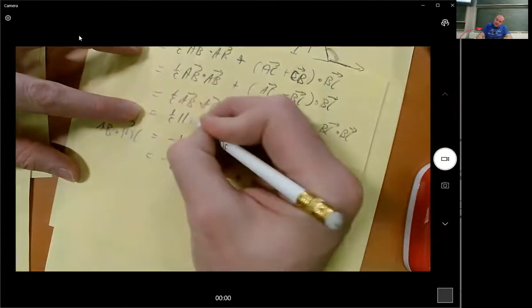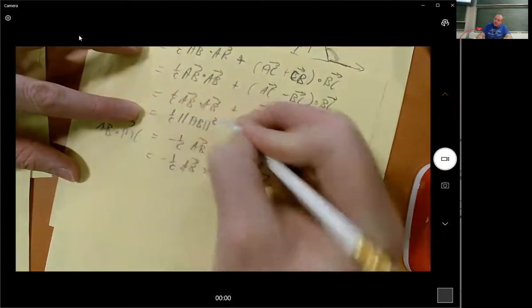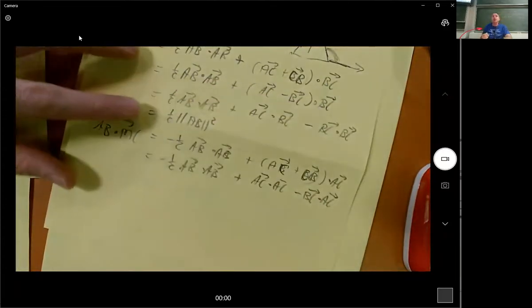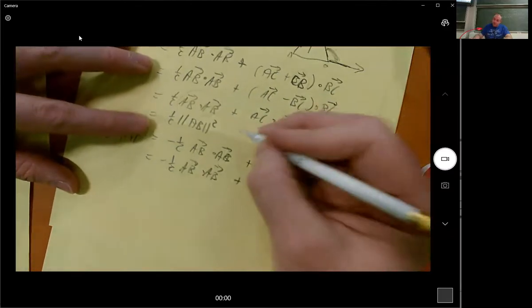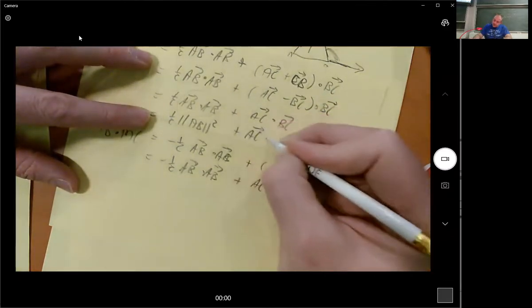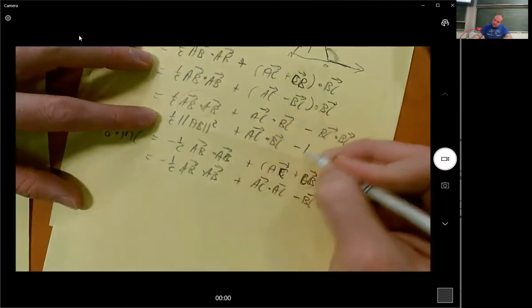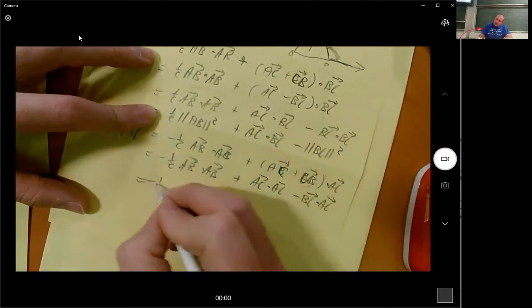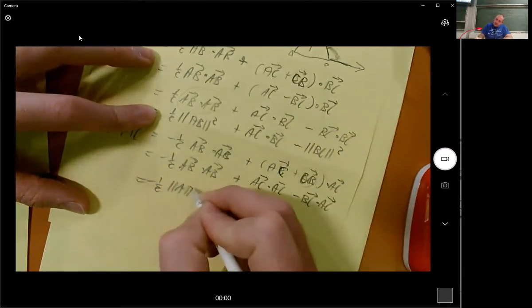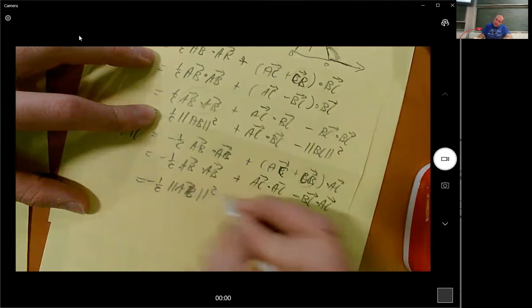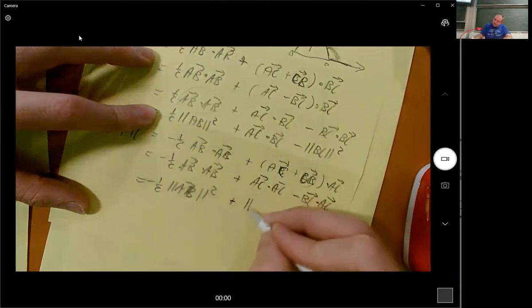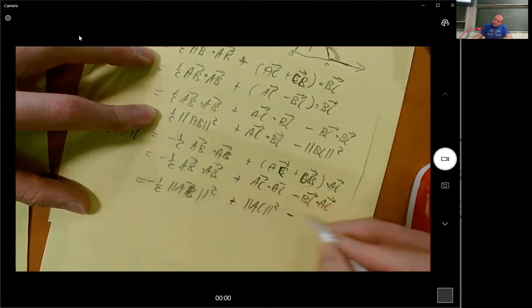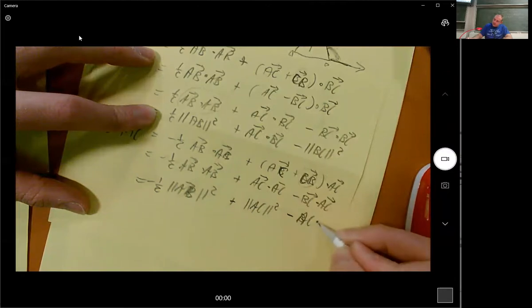This is the length of AB squared. That's what you get when you dot a vector with itself, the square of its length. And this is AC dot BC. And this is the length of BC squared. And this is minus a half of the length of AB squared, and this is the length of AC squared. And this is minus AC dot BC.